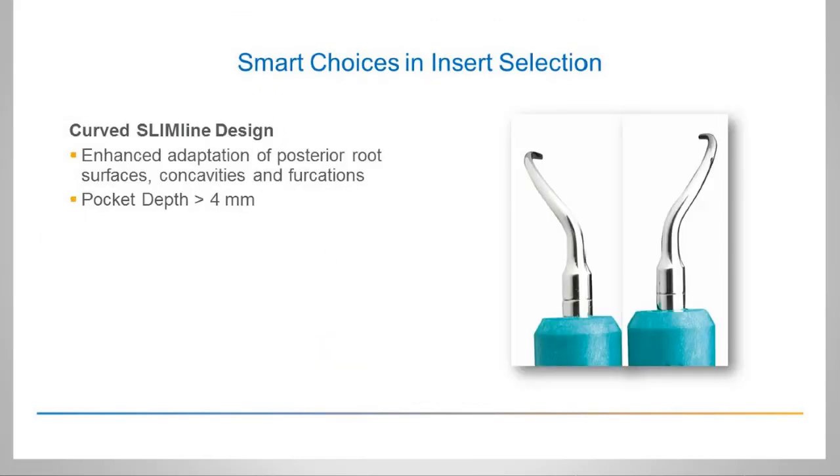So the curved tips. The curved inserts enhance adaptation of posterior root surfaces, concavities, linear depressions and furcations. By placing a curve in the active area of the tip, the stroke pattern is altered and the linear strokes produced by a piezo tip actually become more elliptical.